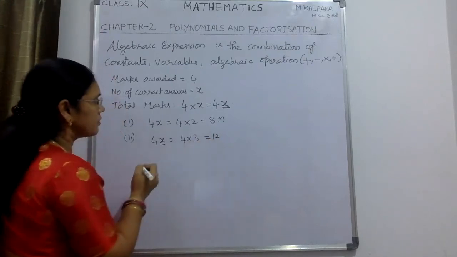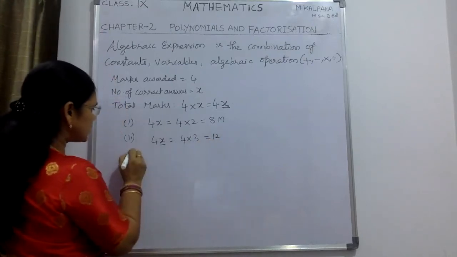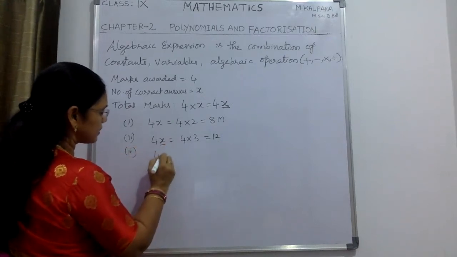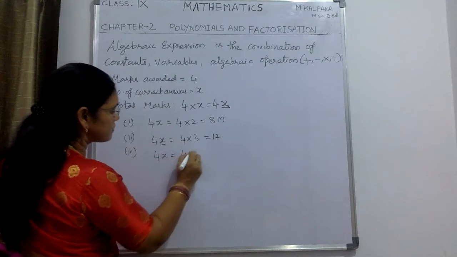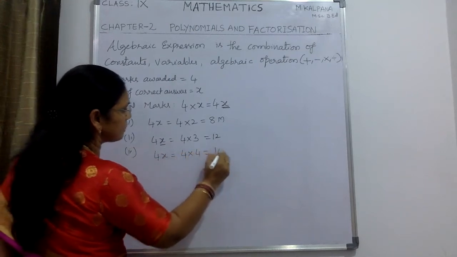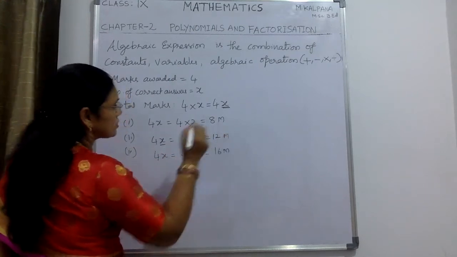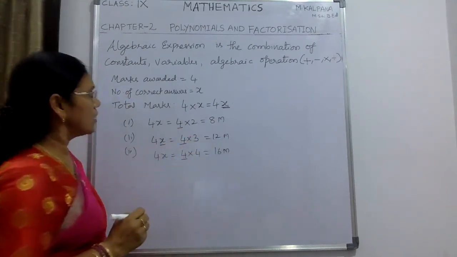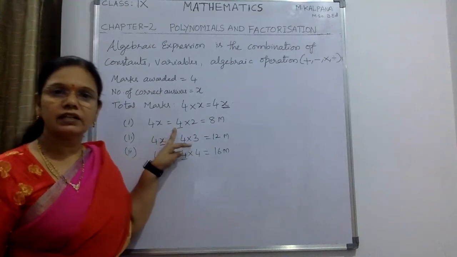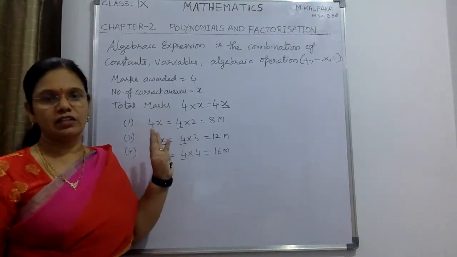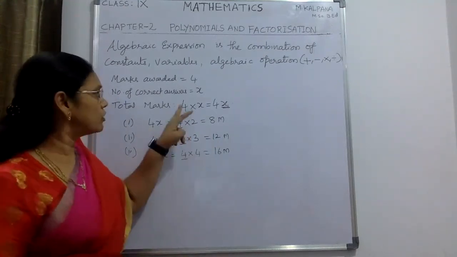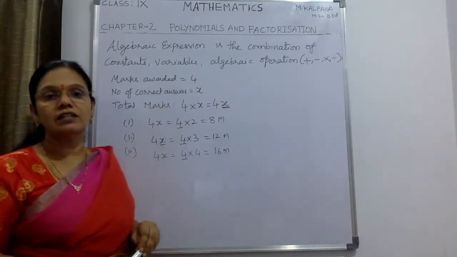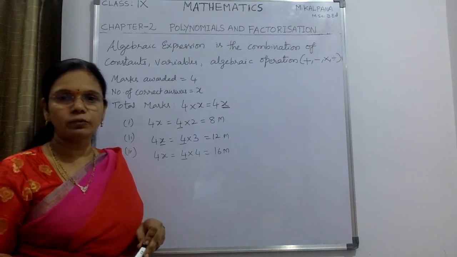In the same way, let us suppose one of your classmates wrote 4 correct answers. So this 4X becomes 4 into 4, that is 16 marks. Isn't it? So if you observe, children, in all these cases, the marks awarded for every correct answer is only 4. There is no change in that, and 4 is fixed in all situations. But the number of correct answers is different from person to person.